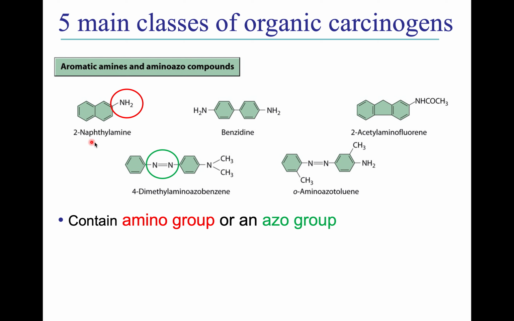And I would just point out that we already talked about one example in a little bit of detail that falls into this group, the 2-naphthylamine, which was the precursor being used to synthesize the aniline dyes and was causing cancer in that occupational setting.